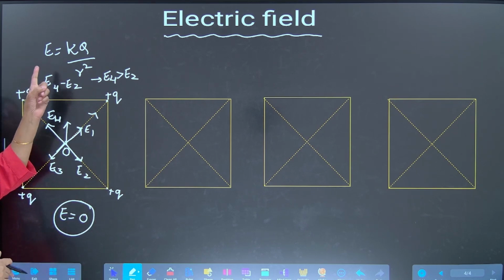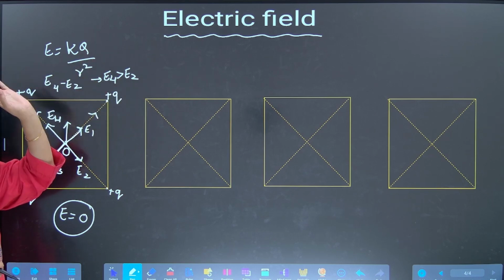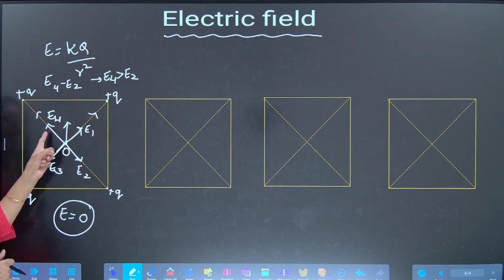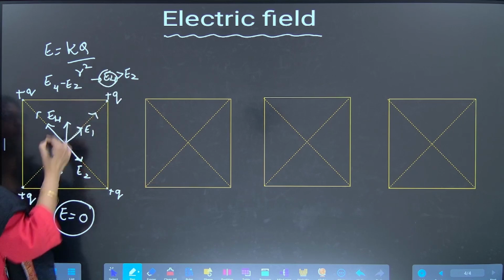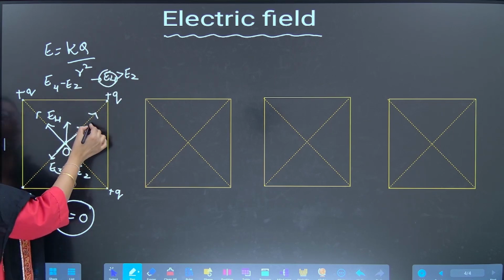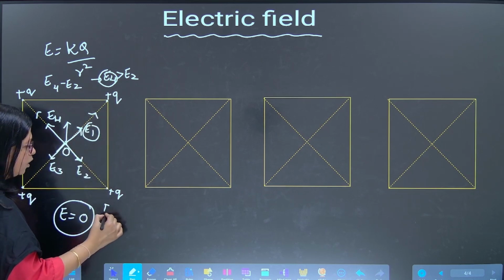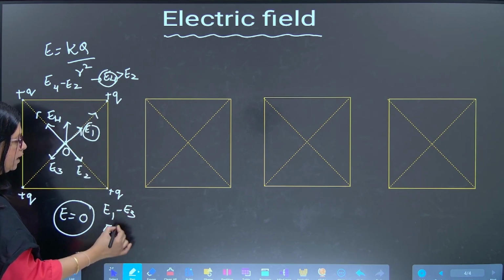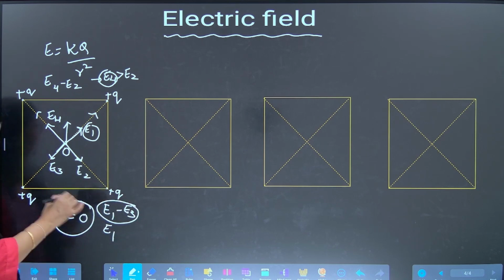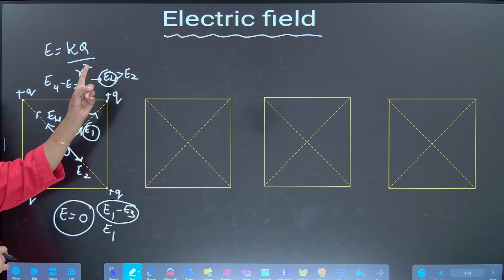If they are of different magnitude, one is bigger than the other, subtract and find out the direction according to which one is bigger. Here E4 is bigger. In this case, I have taken E1 is bigger. How did I find out this? By finding out E1 minus E3. Here E1 was bigger, so magnitude will remain whatever answer I get here, but direction will be along E1.